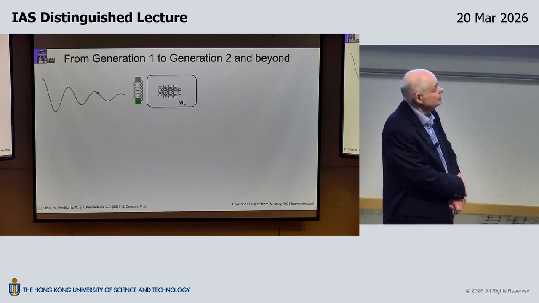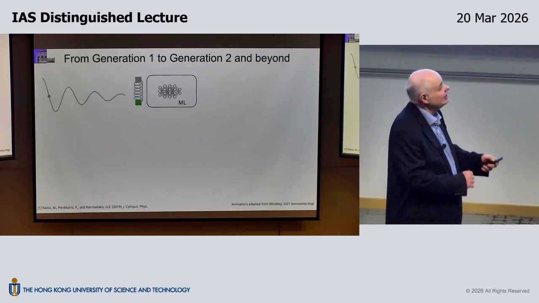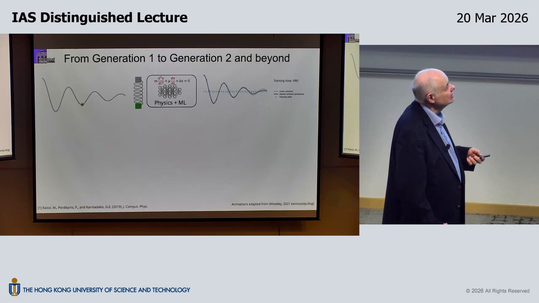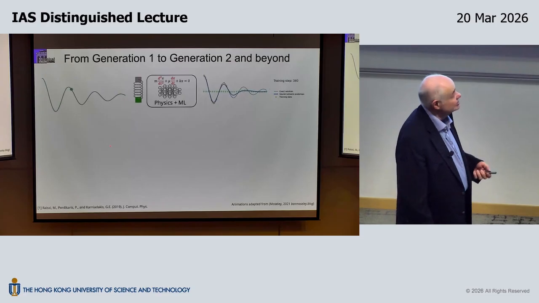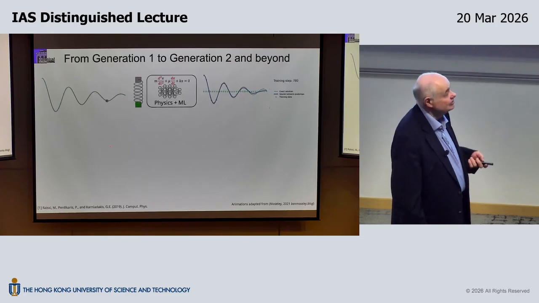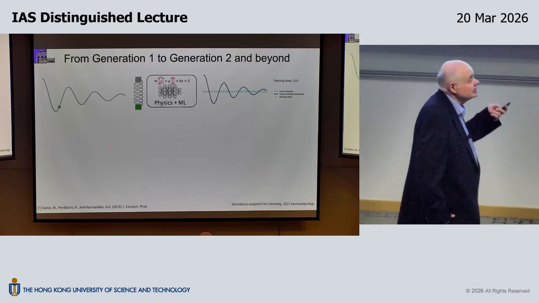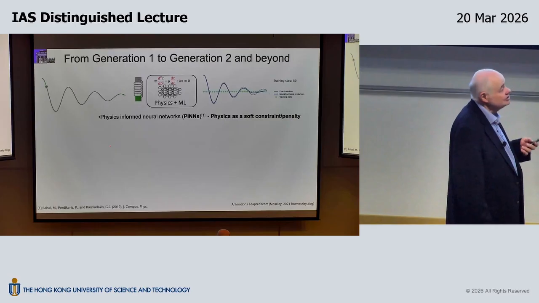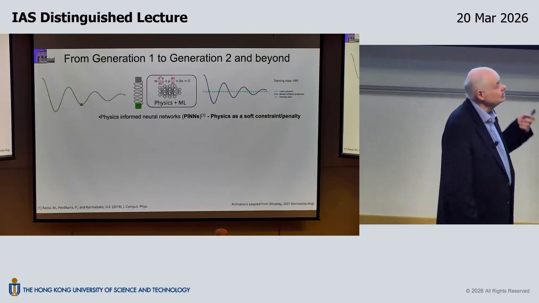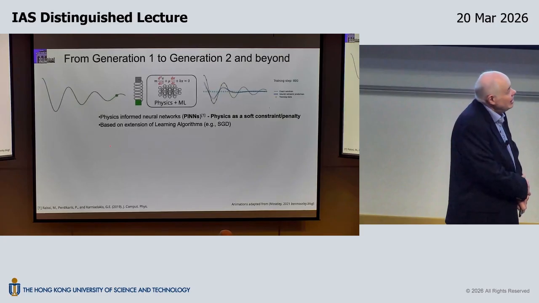Or what you can do is say, let's go ahead and find out what the physics are. And I'm going to try to capture the physics with some approach, okay? And the approach that people like to do is to use PINNs, physics-informed neural nets, okay?